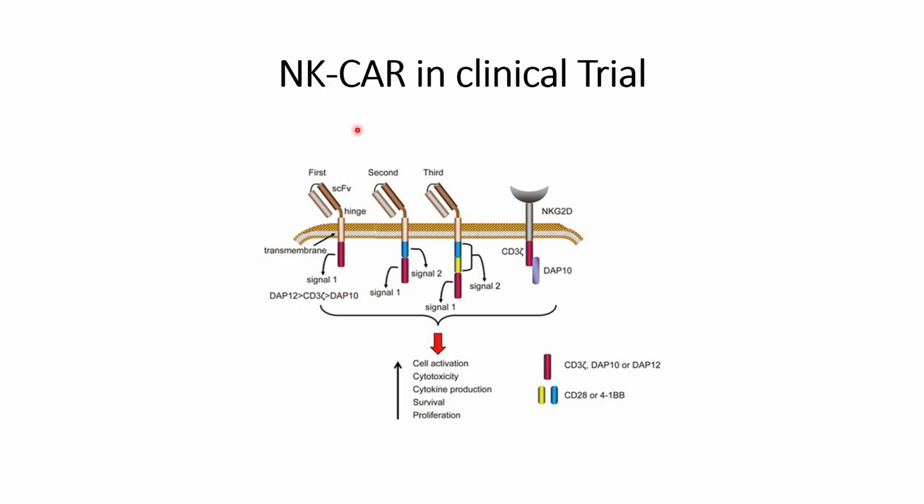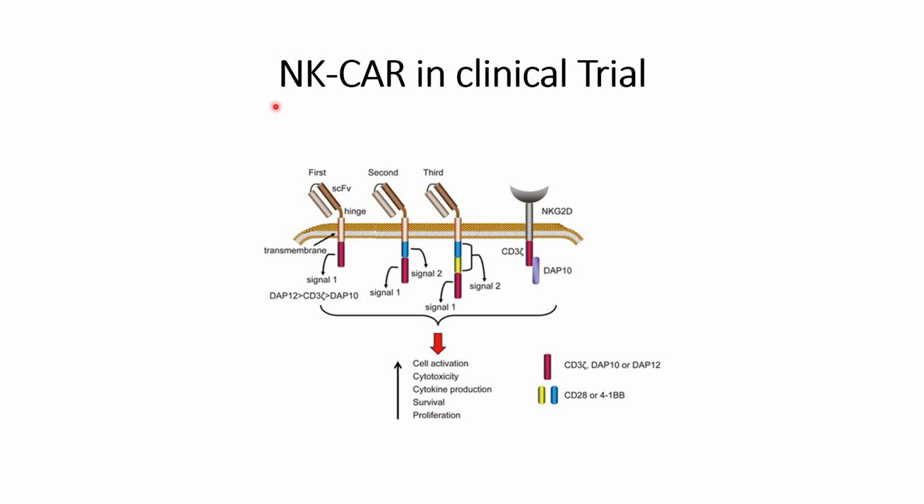And the other thing is how the researchers test this NK CAR before it goes to the clinical trial. They test most of these NK CARs in NOD mice, in which most of the immune cells are not present. There are two main approaches that they use: the cell line derived xenograft or the patient derived xenograft.